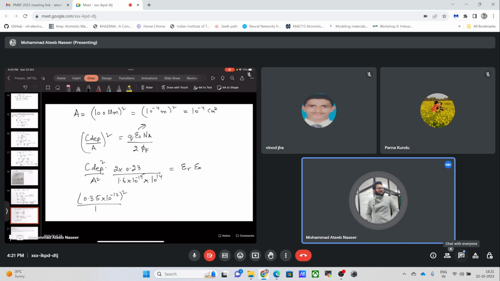Let me write it once again. 0.35 square divided by 2 into 0.23, 1.6 into 10 to the power of minus 19, into 10 to the power of 14, into epsilon r. Let's keep it as it is. Epsilon naught would be 8.85 into 10 to the power of minus 14. So it now becomes a mathematical problem, that is, simple calculations. Let me put it in the calculator.